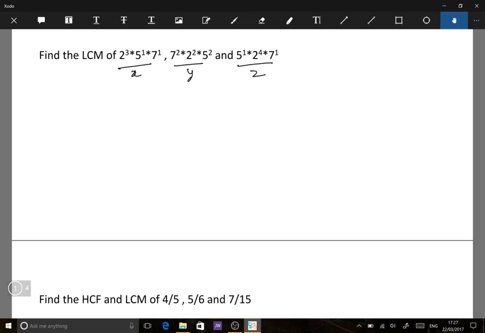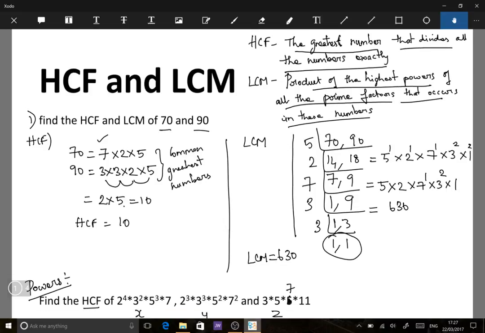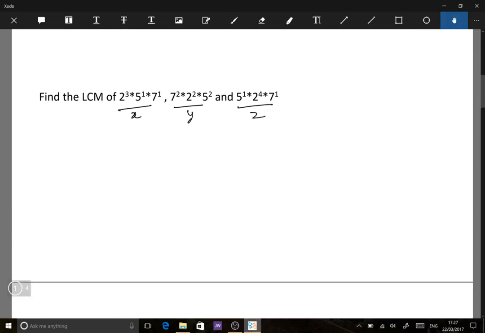See, here I have to check the common multiples, but there is a condition. It should be the highest powers. You follow? So the common multiples are 2, 5 and 7. Able to follow? 2 is present in all the 3 terms, 5 is present in all the 3 terms, and 7 is present in all 3 terms.